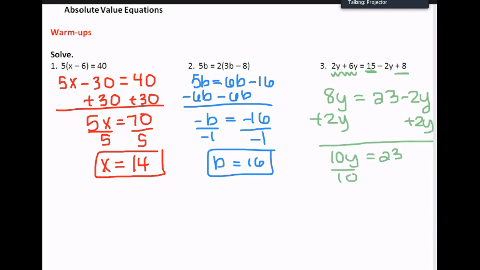And divide by 10. You could turn it to a decimal or leave it like a fraction. Yes. That would be the decimal.